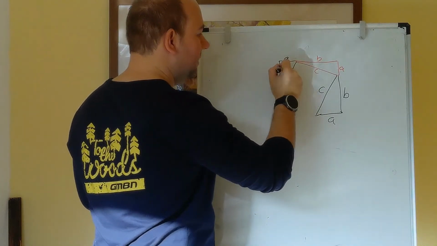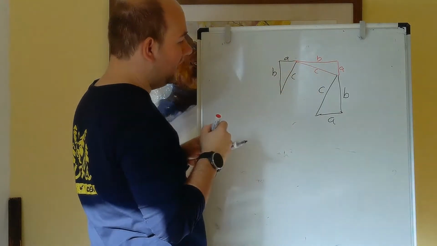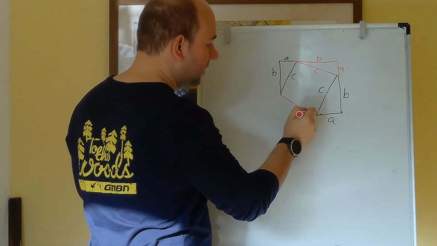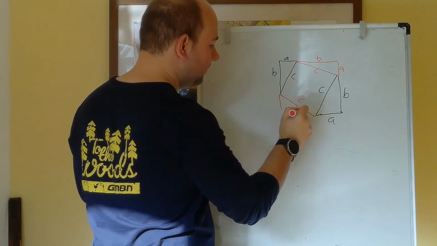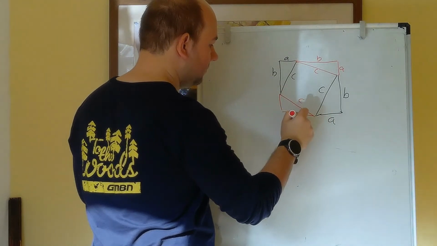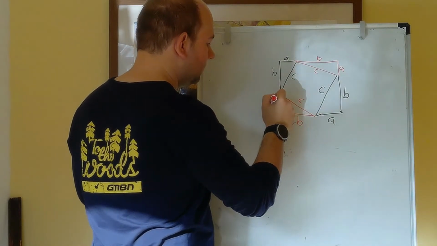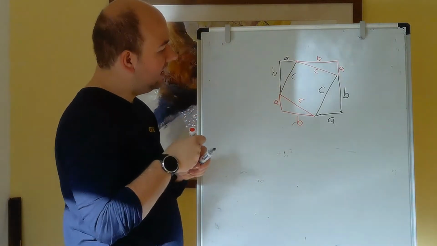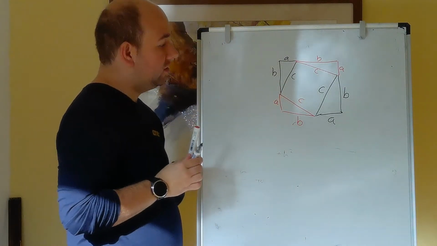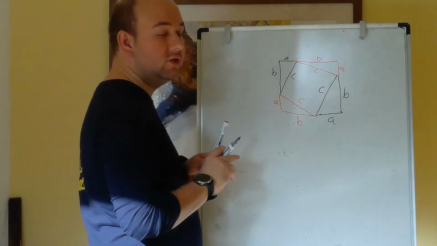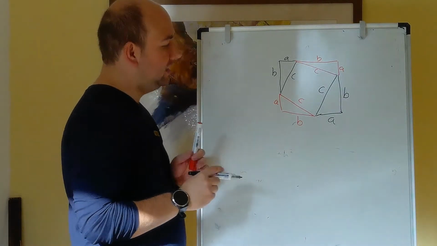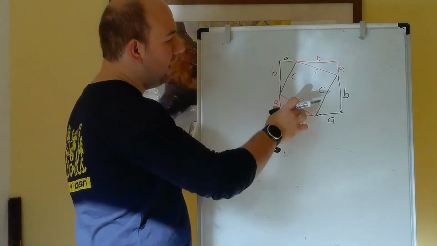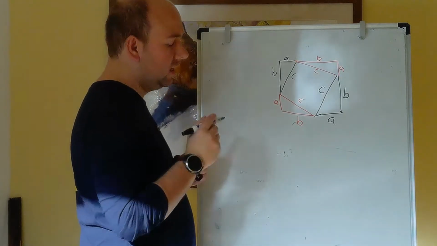That's A, this is B, this is C. And finally I'm going to draw a fourth triangle here. And I've labelled them all up. So all these triangles are equal, they've just been rotated around 90 degrees each time. And as you can see, we have a square in the middle.